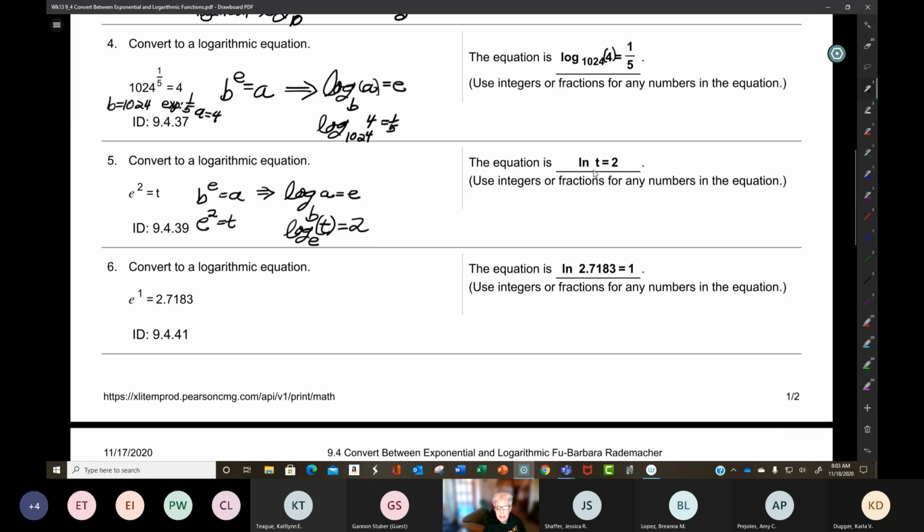But how come that doesn't say that? Because ln is log base e, and we don't write that. We do write that.